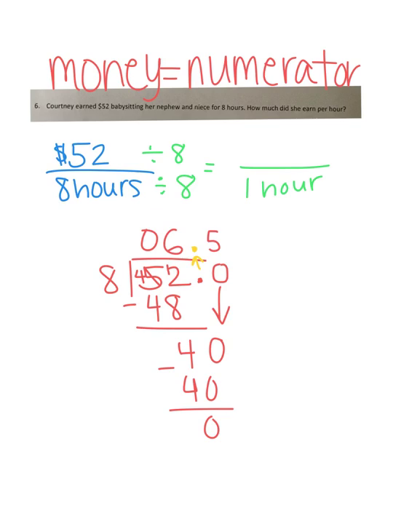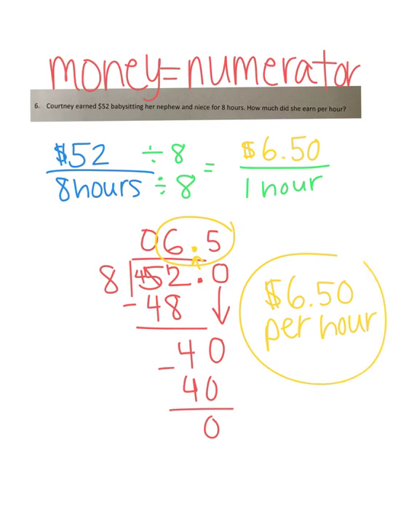So when we're writing our answer, 6.5, but we're talking money, so we want to make it $6.50. So Courtney earned $6.50 per hour while she was babysitting. Go ahead and try number 7 by yourself, and then check back with the video to see how you did.